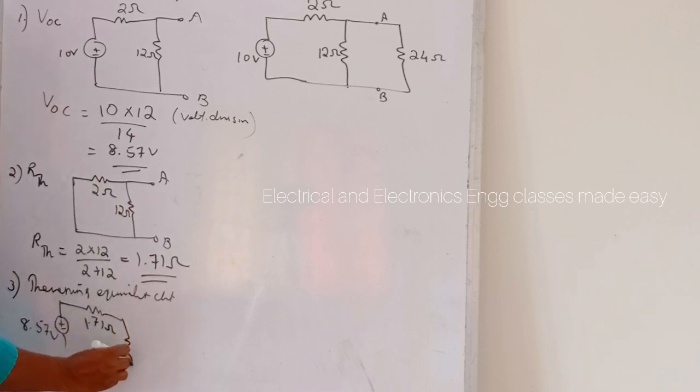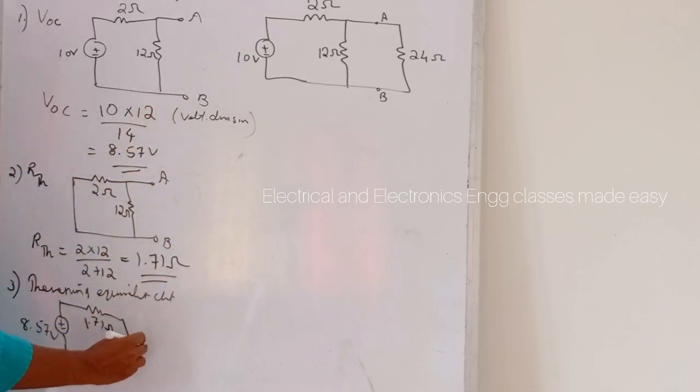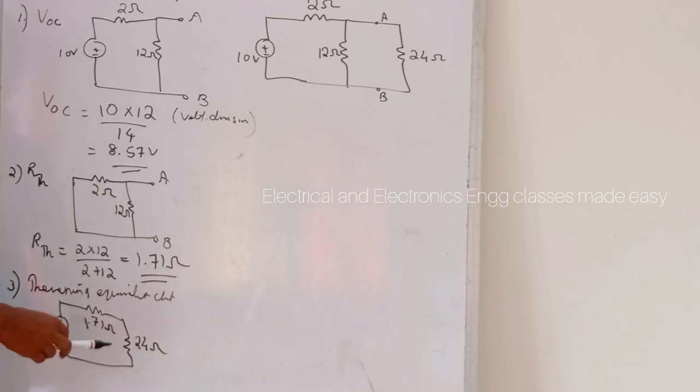Now reconnect the load resistor RL, and here the load resistor is 24 ohm. So this is the equivalent Thevenin circuit.